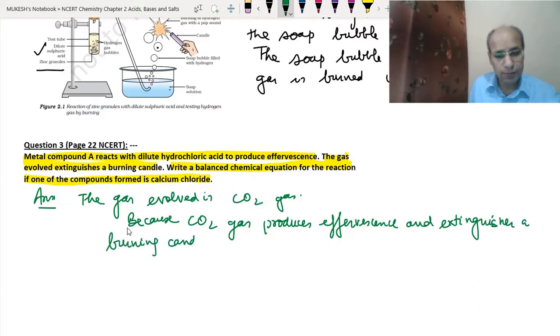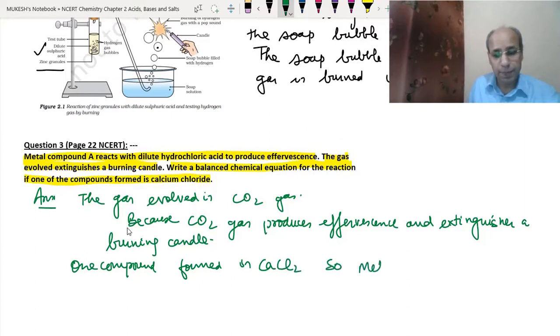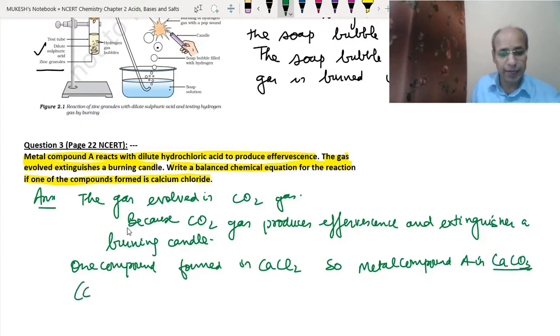Now since one of the compounds formed is calcium chloride, CaCl2, the metal compound A is calcium carbonate.